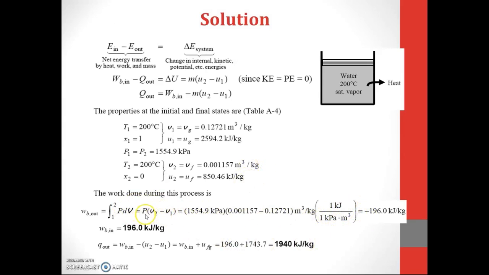Be careful with this, but your value is already over the mass. So just multiply, put in the values, and put in the conversion because the pressure is in kilopascals. So you get the work value. Therefore, Q out.